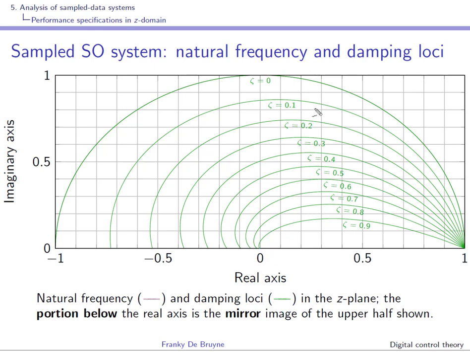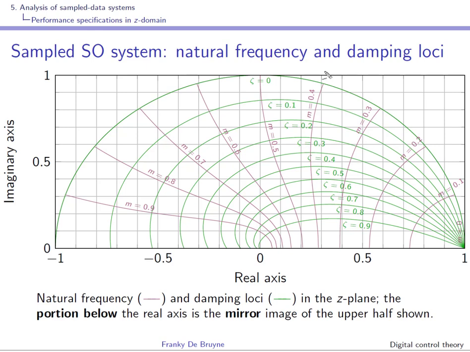As you can see, this is what happens when zeta is increasing, and this is kind of what you expect, because when zeta is tending to 1, you expect poles on the real axis. Well, these are lines here with constant natural frequency. Remember that m is omega n, the natural frequency, divided by the Nyquist frequency, and we will see later in Matlab that these curves are not expressed in m, but are expressed directly in the natural frequency.